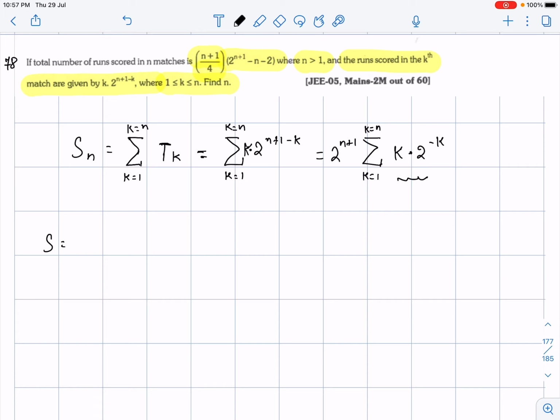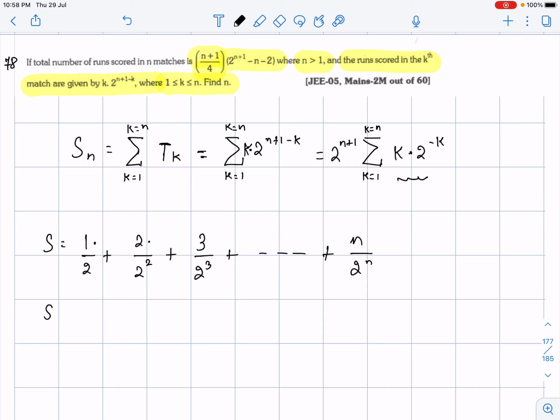So S will become what? 1 times 1/2, that is 1/2 only, then 2 times 2^(-2), that means 1/2², then 3 divided by 2³, and it goes on up to the nth term, n divided by 2^n.